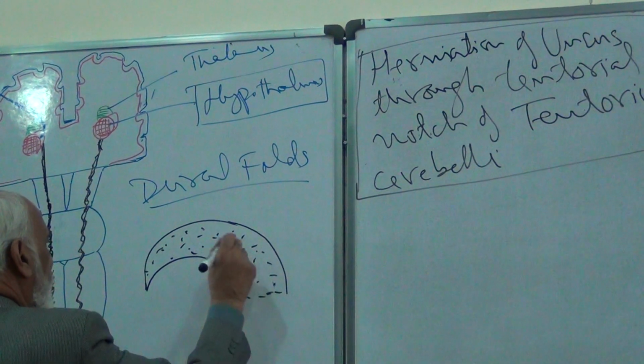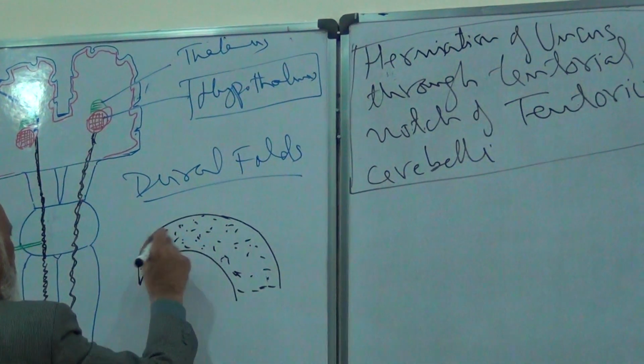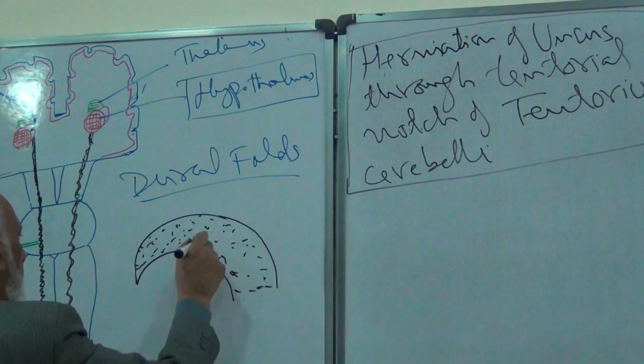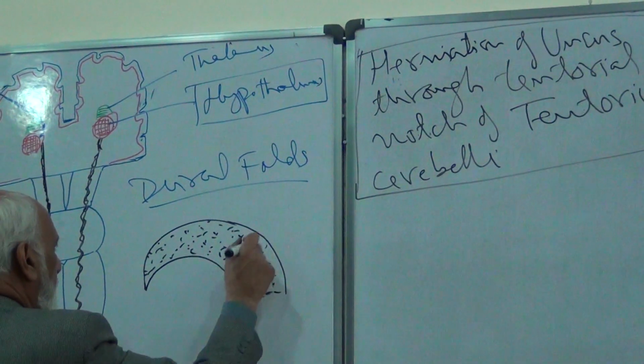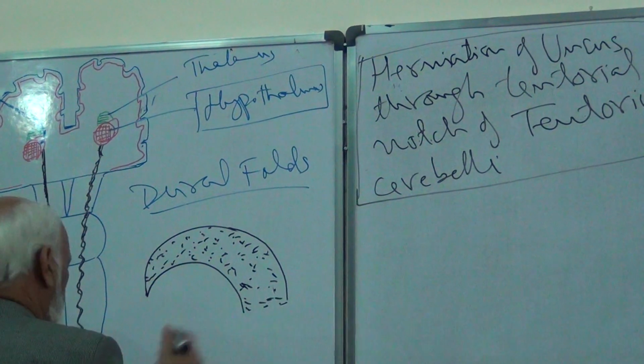This is a dural fold in the cranial cavity lodged between the two cerebral hemispheres through the longitudinal fissure.